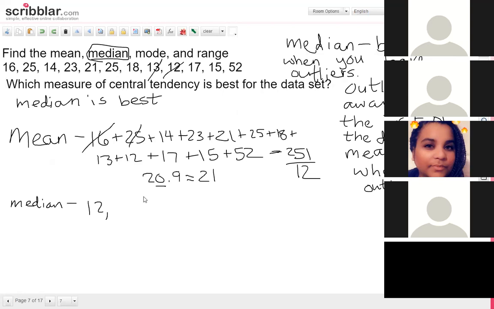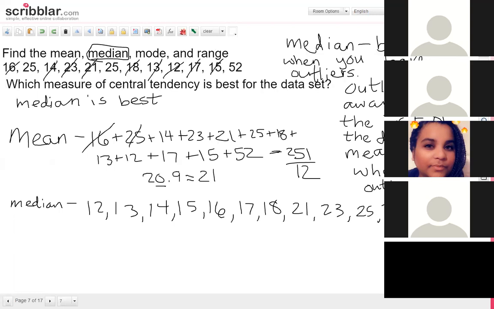Next is 13, 14, 15, 16, 17, 18. And the good thing about putting it in order is it's easier to find the mode as well. You'll see if we get any repeats as we write it in order. 21, 23, and we do have some repeats, two 25s, and then the 52.